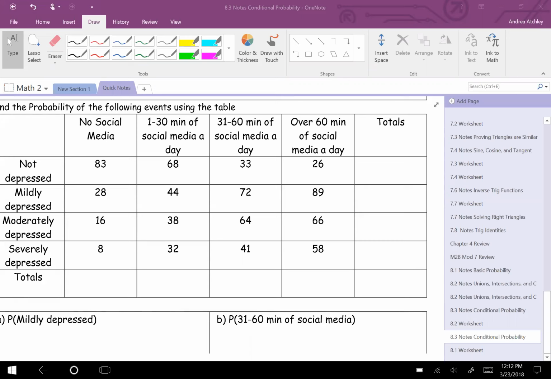Okay, Gavin, what'd you get for the total of not depressed? 210. And then, Kramer, what'd you get for the total of mildly depressed? 233.